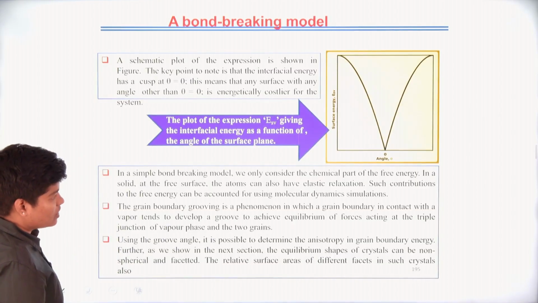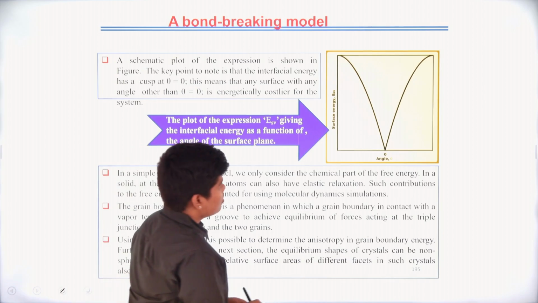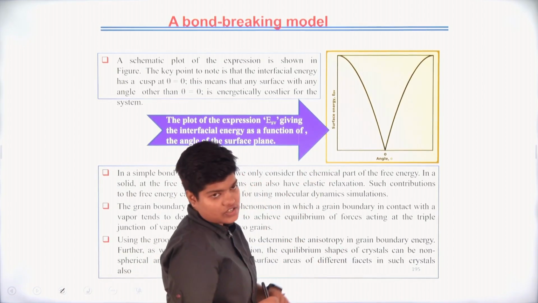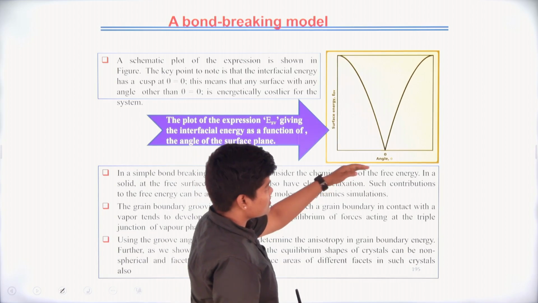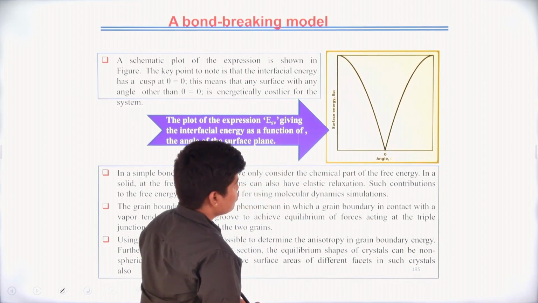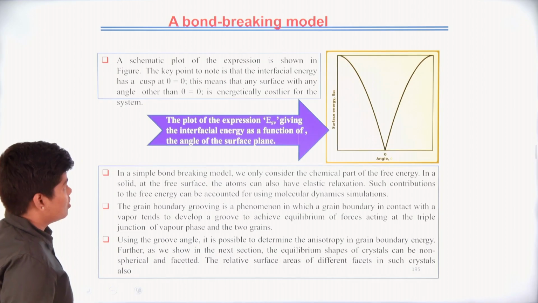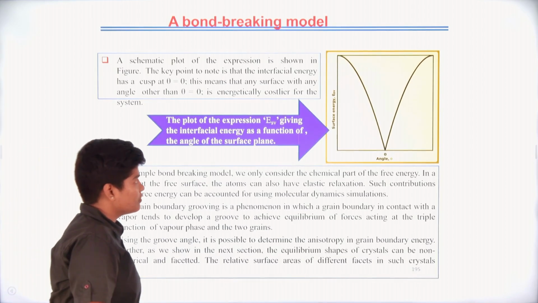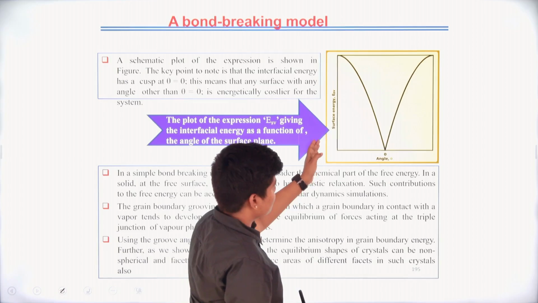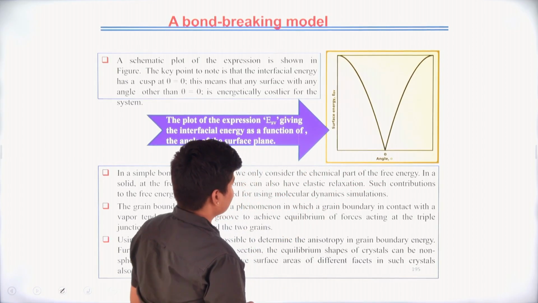In a schematic plot, the y-axis is the surface energy, E_SB, and the x-axis is the interfacial angle. We are going to see how the interfacial energy is a function of the angle of the surface plane.